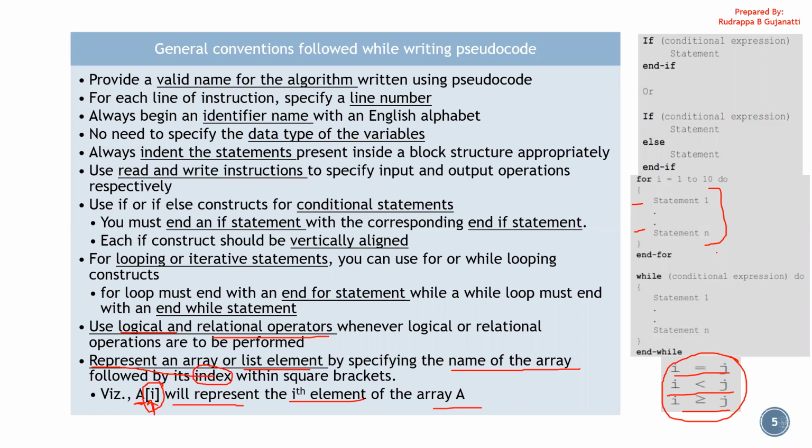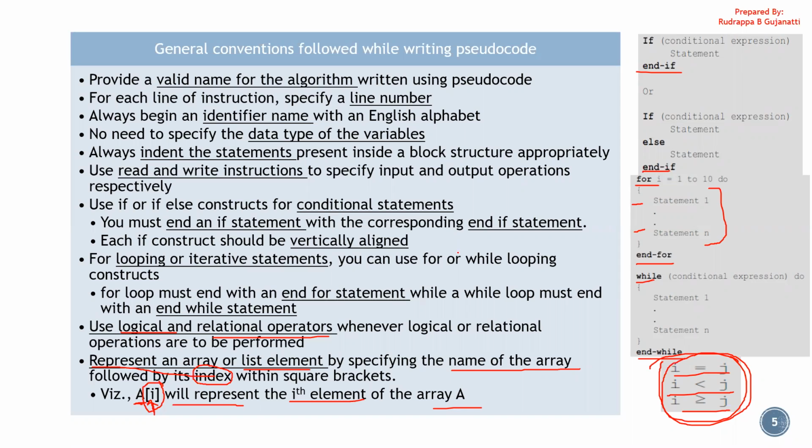So if you keep indenting, it becomes easy for us to keep track of those aspects. Then if you're using if and else statements, you have to use end if, and if you're using for, you have to use the end for statement. If you're using while, you have to use the end while statement. Then you can utilize the different relational and logical operators within the pseudocode.